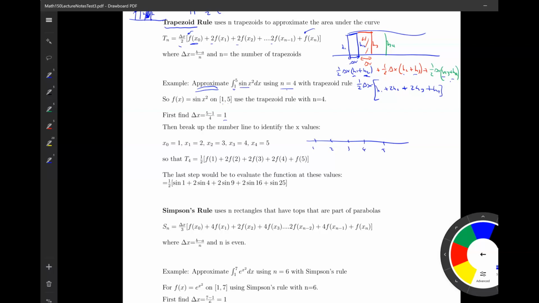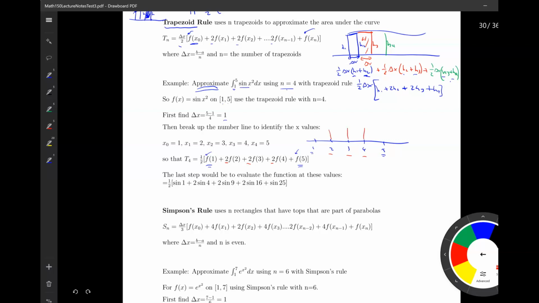Okay, so the trapezoid rule is delta x over 2, and I'm going to have a coefficient of 1 times my f of 1. I'm going to have a coefficient of 1 times my f of 5. So those are the two end points. And then I have a coefficient of 2 times each of the inner heights. Remember, I'm building these trapezoids.